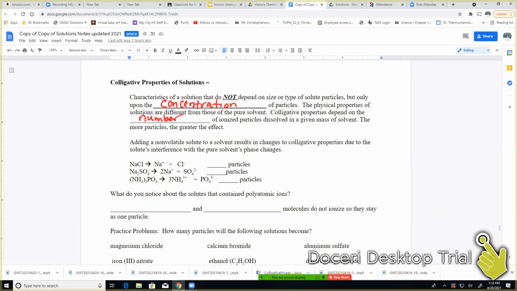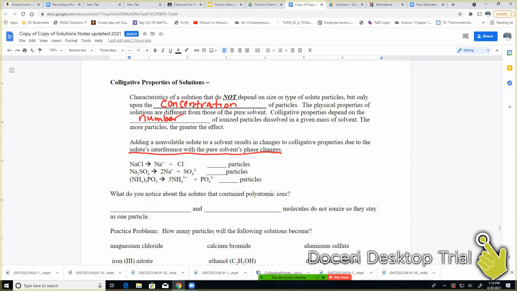So for instance, the freezing point dropping when you add an ionic compound to it, that's going to be an example of a colligative property. So adding a non-volatile solute to a solvent results in changes to the colligative properties. And it's because that solute interferes with the pure solvent's phase change.